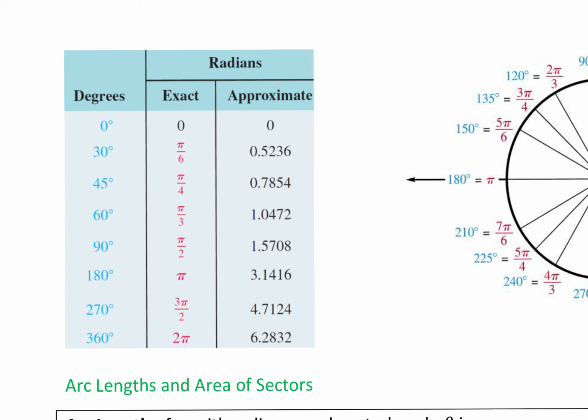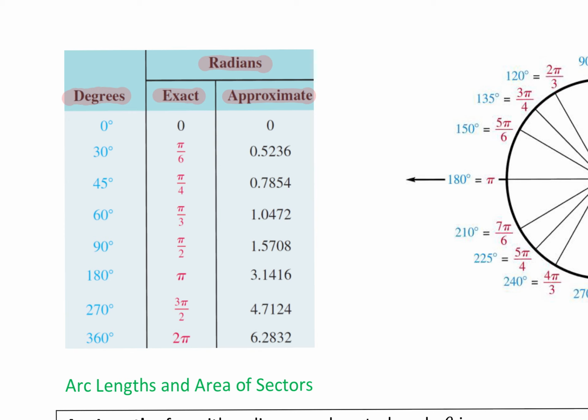We have our degrees, and then the corresponding measurements in radians. First we see an exact measurement in radians, so 0 degrees is 0 radians, and the approximation. Here the approximation is taken out to 4 decimal places.